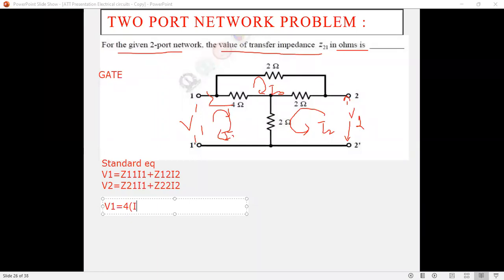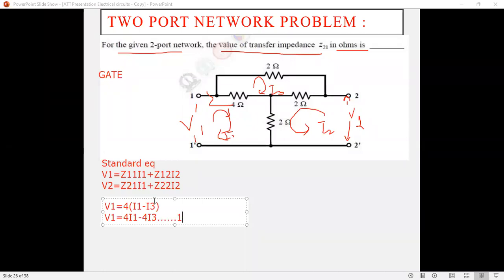Separating the terms, V1 equals 4 I1 minus 4 I3. So this is equation 1.